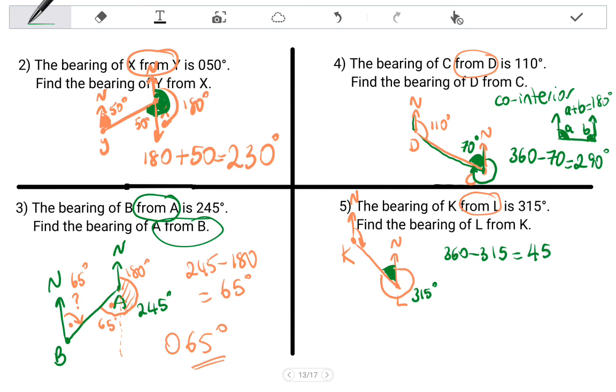So 45 degrees is the acute angle here, and this acute angle and the bearing wanted are co-interior. That's why their sum must be 180. So subtracting 45 from 180 is 135 degrees, and it is the bearing of L from K.